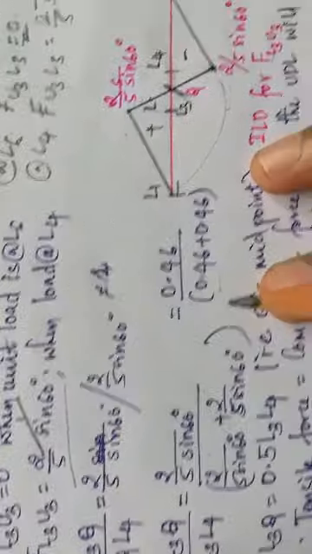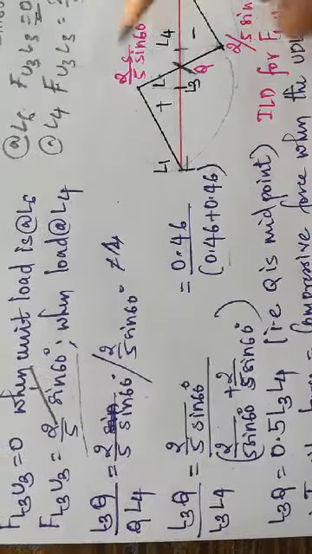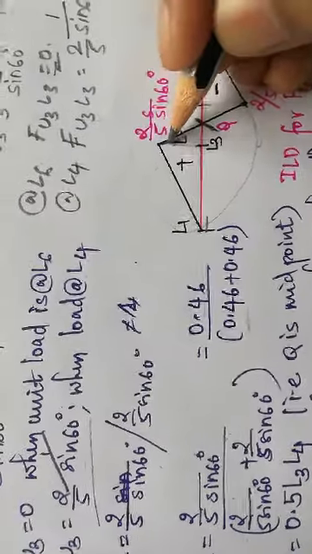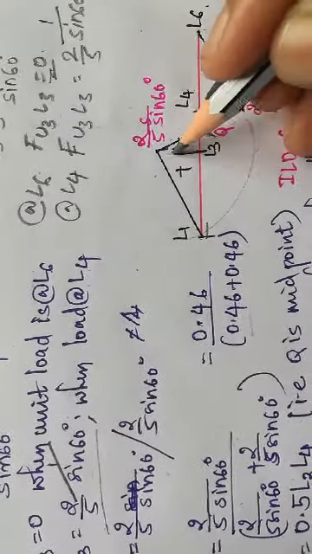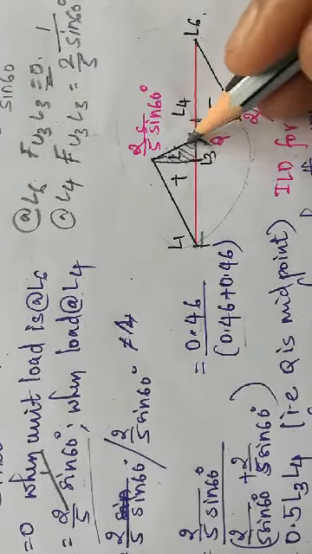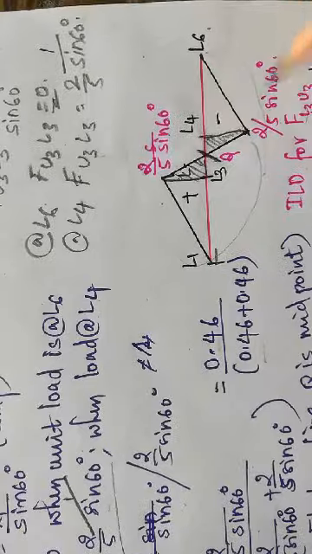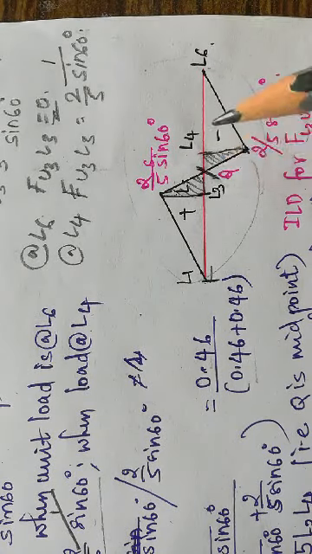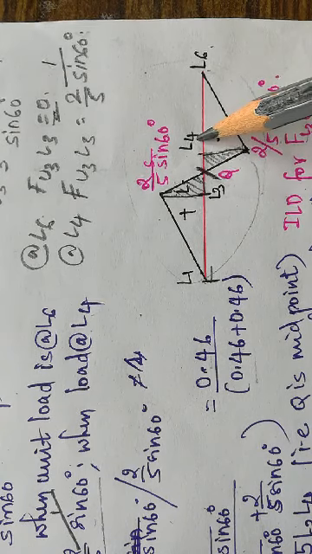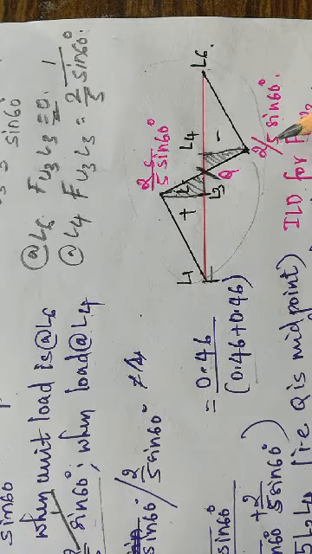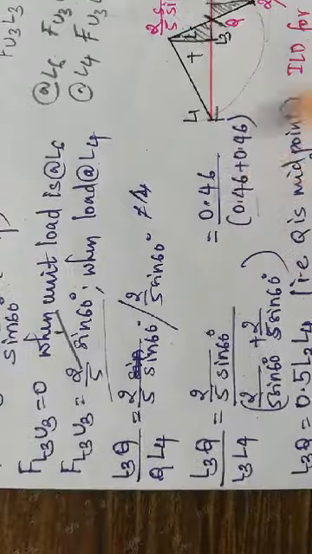For that we have to use similar triangles again, that is this triangle. So I will write L3 Q divided by Q L4 is equal to 2 by 5 sine 60 over 2 by 5 sine 60.